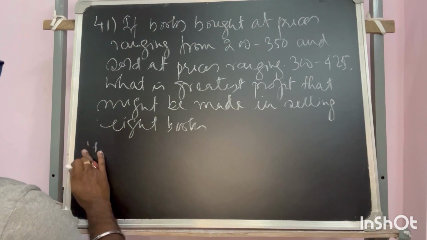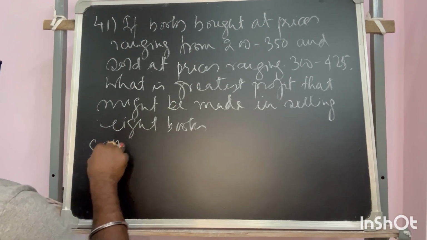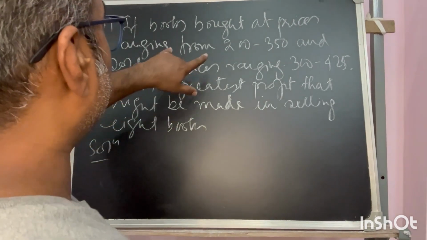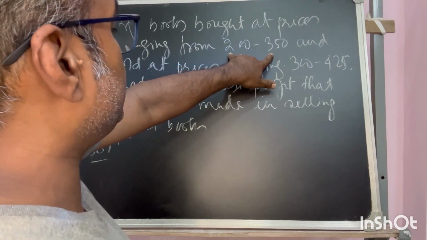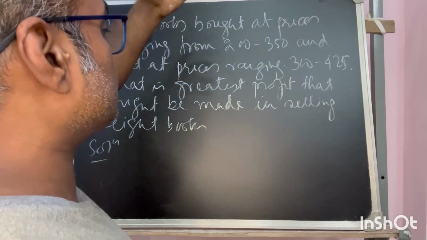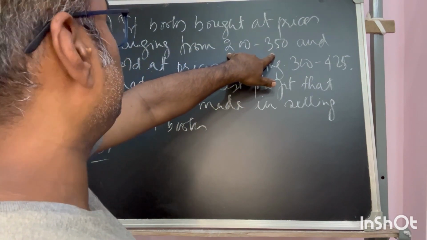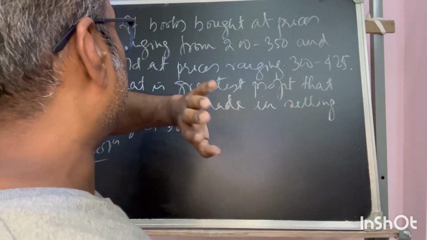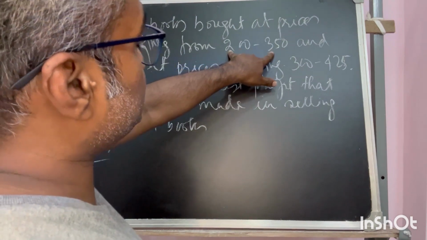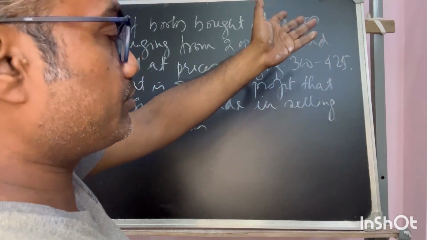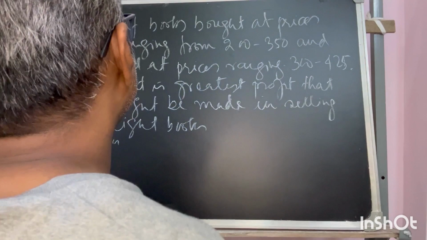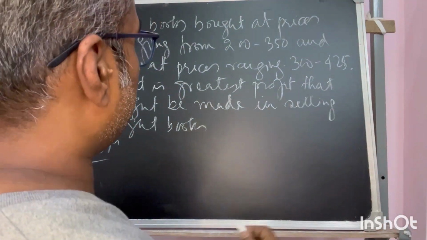So answer. Now the thing is that when the selling price is also within some range, because there may be too much variety of books, the books are not being purchased at the same price. At the same time, when it is not purchased at the same price, it cannot be sold at the same price to get at least some profit.